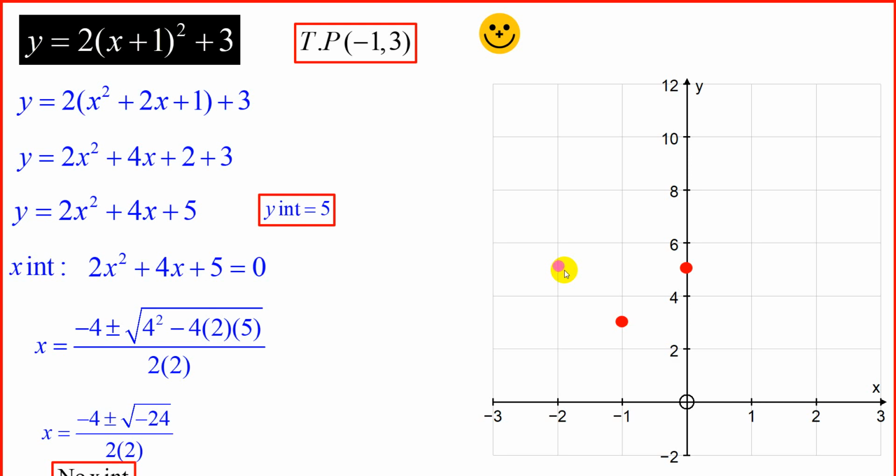So we have the point minus 2, 5. Also, we know, because this is a parabola, this point will be symmetrical based on the axis of symmetry, which we'll go into a little later. For now, use your calculator, substitute minus 2 in the equation, and you will get a y value of 5. And that will allow us to draw our graph.